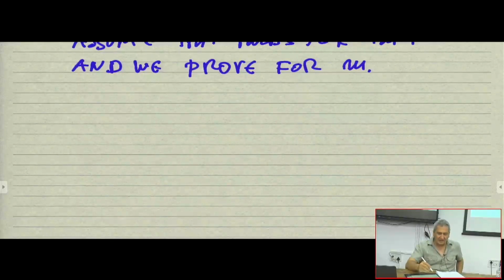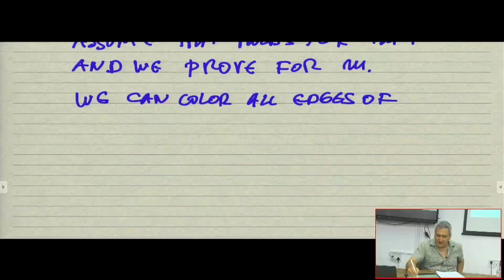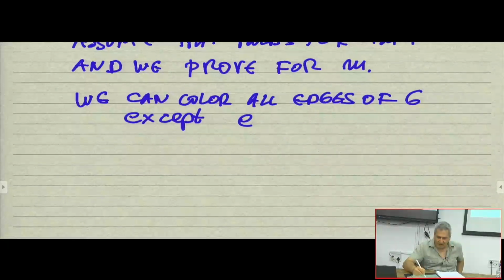So we can color all edges of G except e1, which is UV.